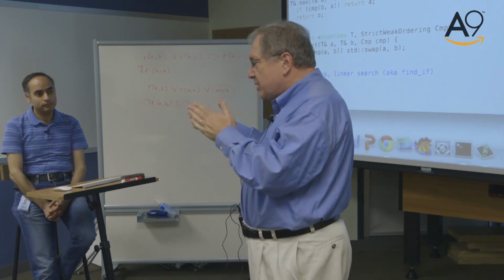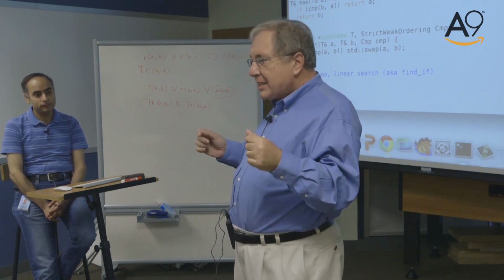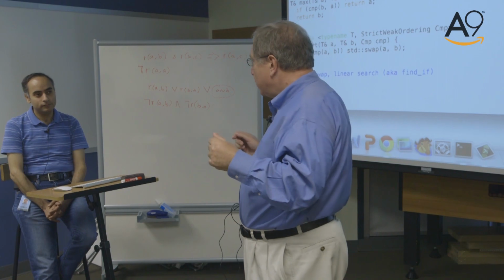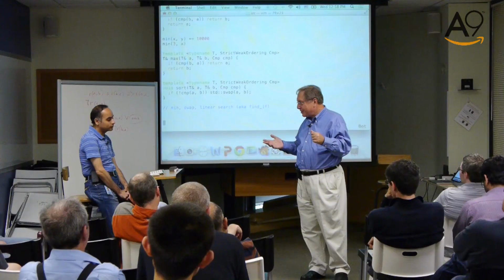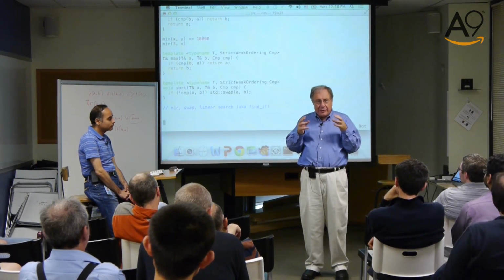Before we study swap, we need to study a little bit how we write types. And these types which we will study are types on which you could do linear search. So for a while, keep these three algorithms in mind.